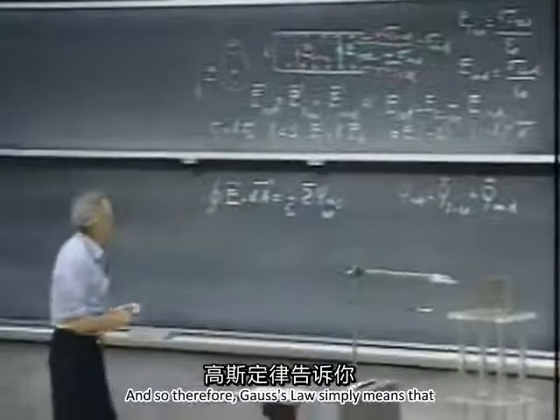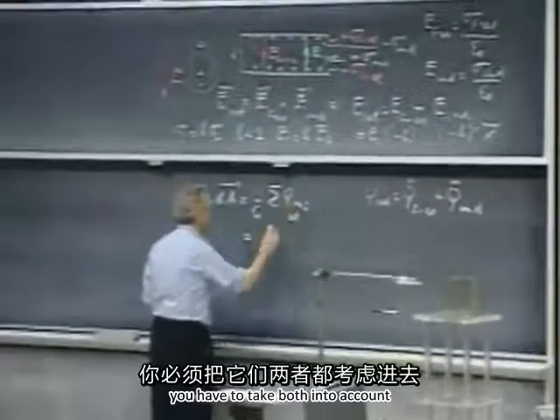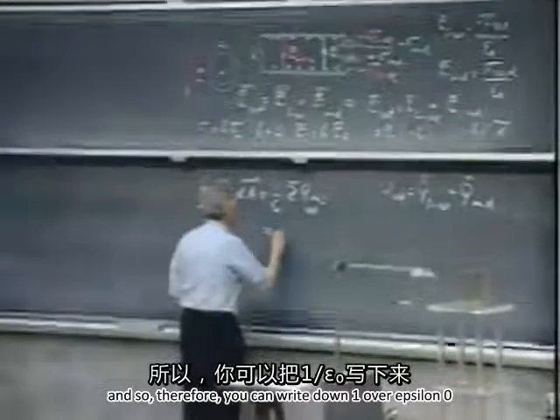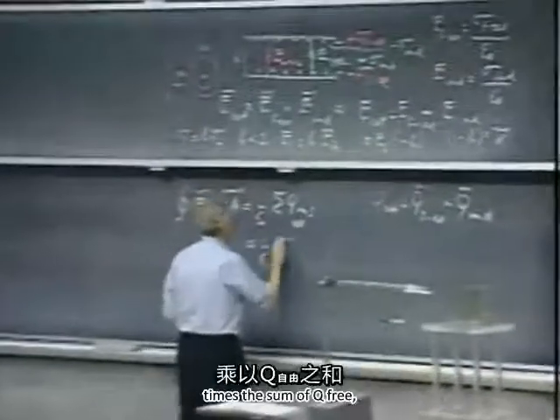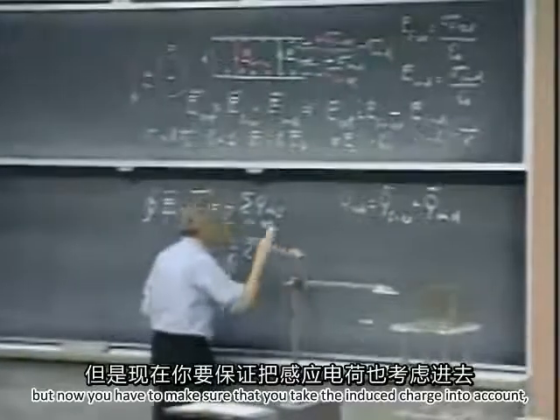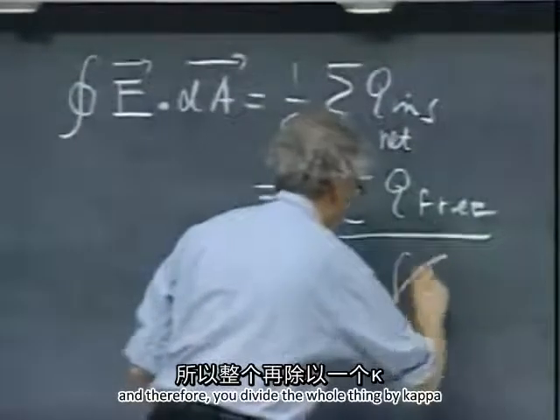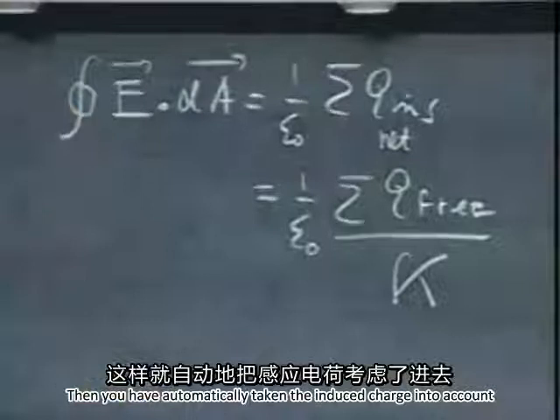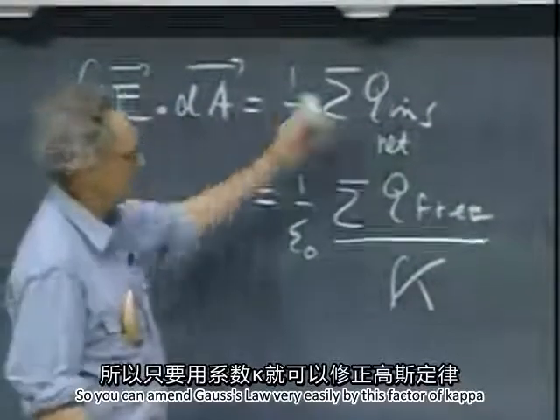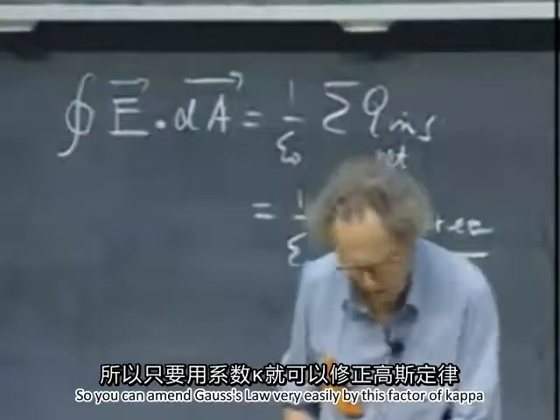And so therefore, Gauss' law simply means that you have to take both into account. And so therefore, you can write down 1 over epsilon 0 times the sum of Q free, but now you have to make sure that you take the induced charge into account, and therefore you divide the whole thing by kappa. Then you have automatically taken the induced charge into account. So you can amend Gauss' law very easily by this factor of kappa.